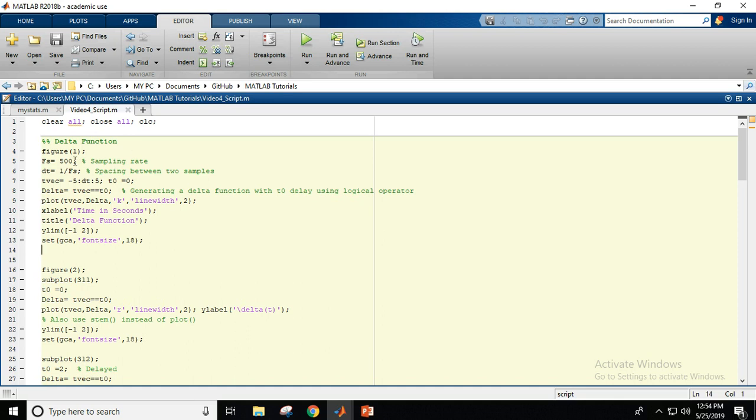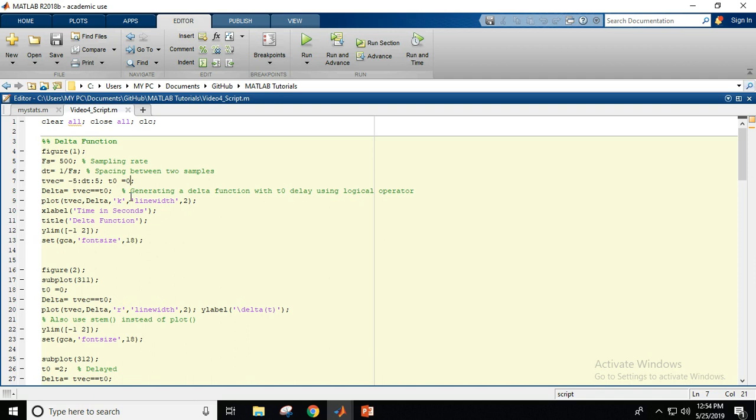So here I've again defined a sampling rate of 500 Hertz, and I'm looking at minus 5 to 5 seconds. And again, I've generated a delta function using a logical operator here. This equality operator is only 1 when the time vector is equal to t0, and t0 is set to 0 here.